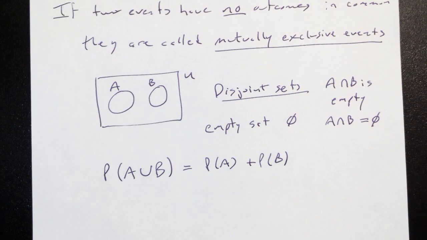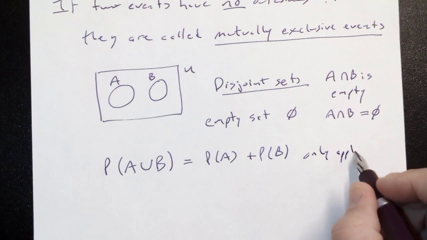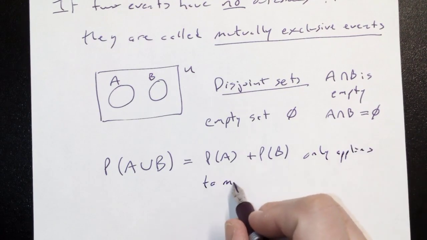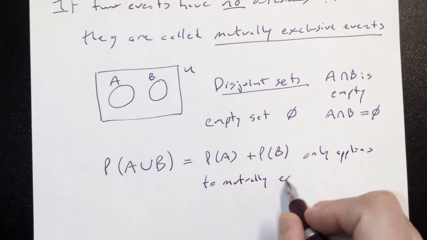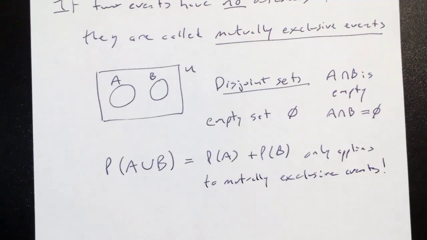There's nothing in the intersection. So I would add, but I can only simply add when there's no overlap. If there's any overlap at all, I have to remember to subtract the overlap. Questions?